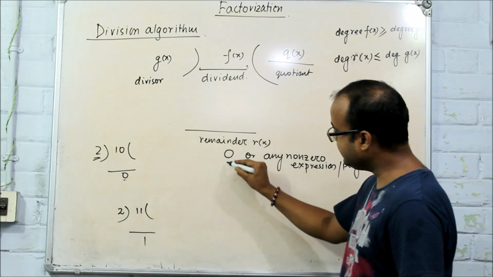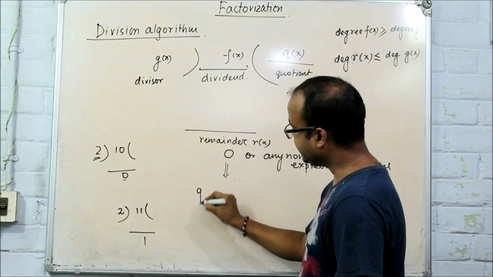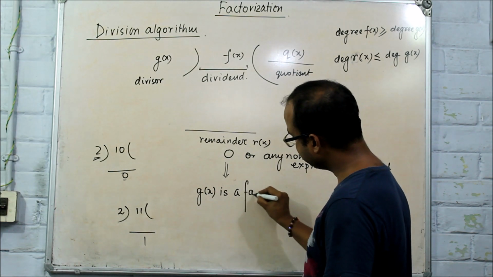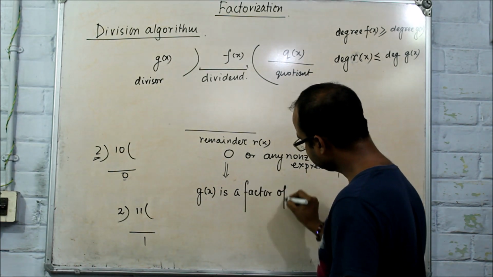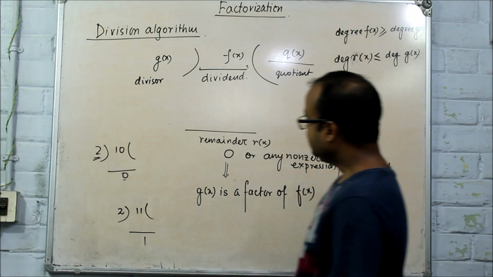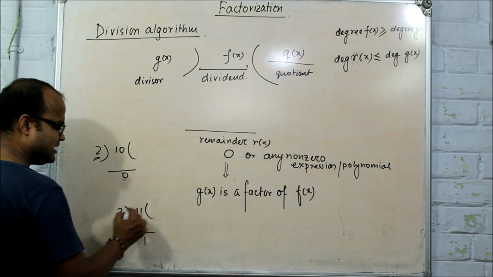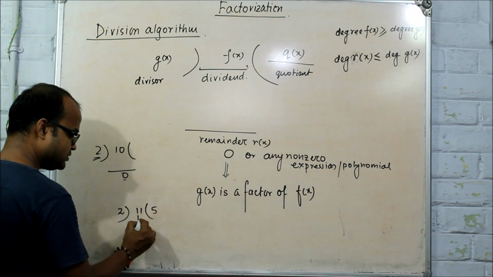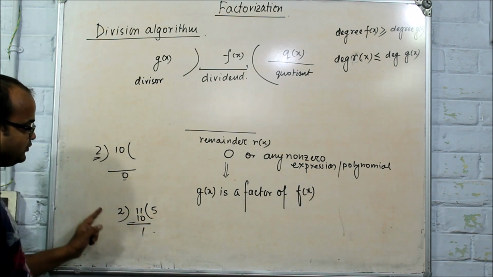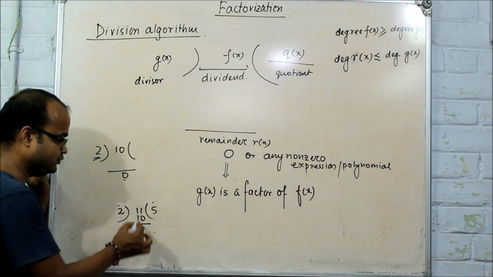Clear? So in the same way, if the remainder is 0, then we call g(x) a factor of f(x). Clear? Now in the lower classes, in primary classes, you learned this process: divide 11 by 2, so the remainder is 1. So how do we check the process? 2 into 5 is 10, plus 1 is 11.